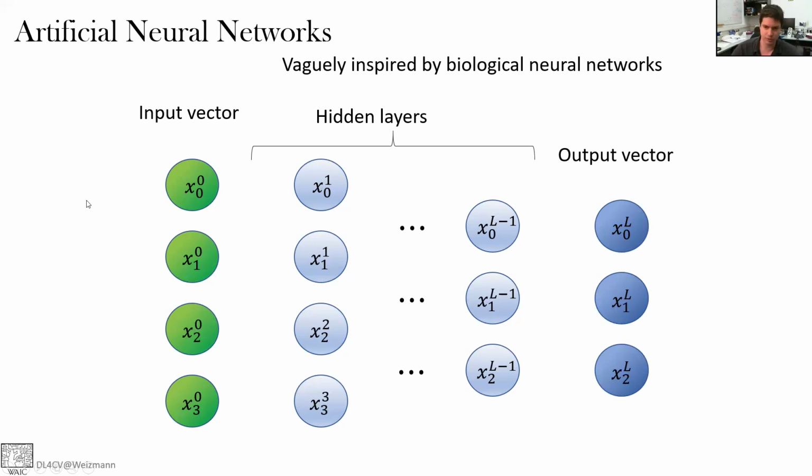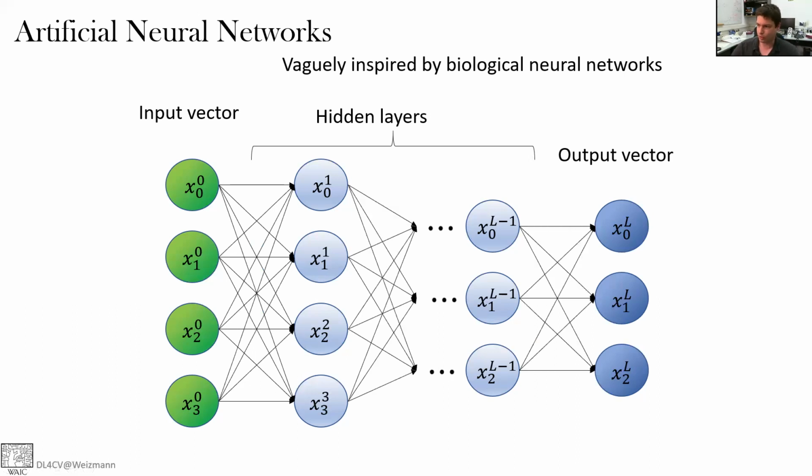So this is like the first element of an artificial neural network. The first element is the neurons. The second element is called weights. Okay, so these are these arrows that you see here connecting, and between every two neurons from adjacent layers, we're going to have a connecting weight.